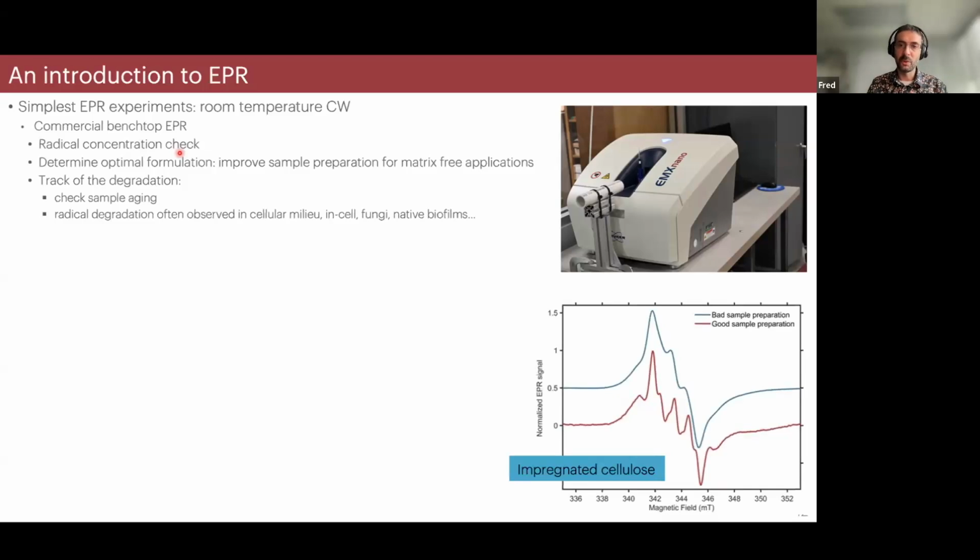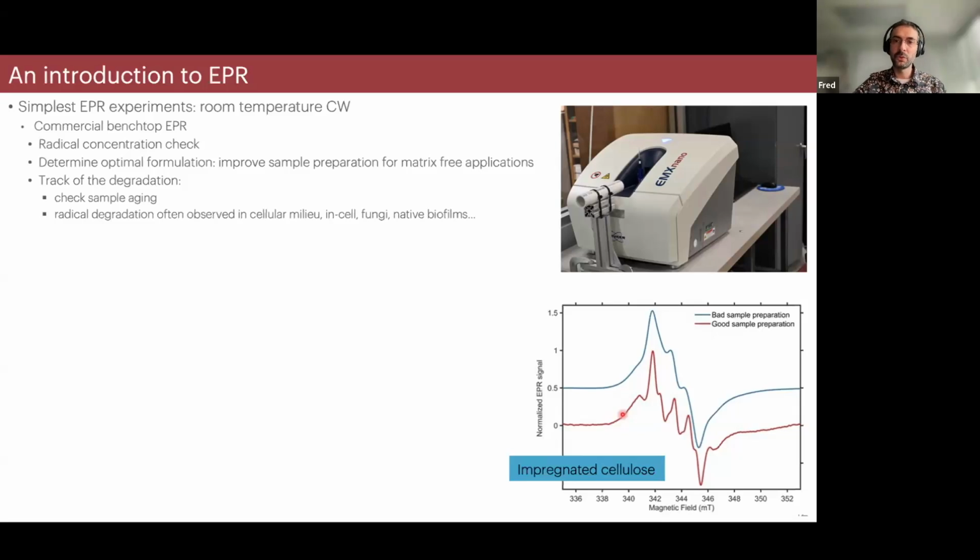It can also give you some hints about sample preparation. So for instance, the red curve corresponds to a good sample preparation for cellulose. That's a sample from Tuowang. While the blue is a bad sample preparation. In that case, the radical is just more mobile. Understanding exactly why is difficult, but this is actually a good tool to have to gain some insight on sample preparation.